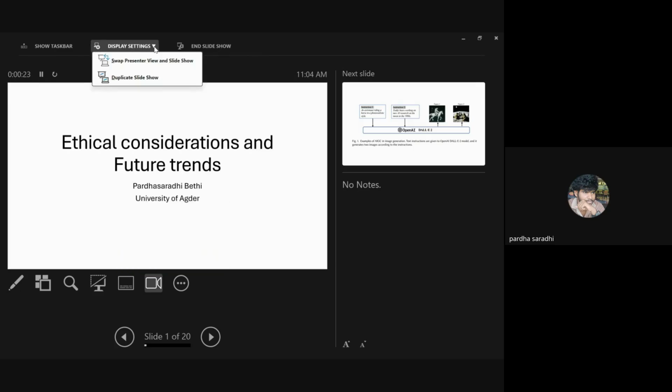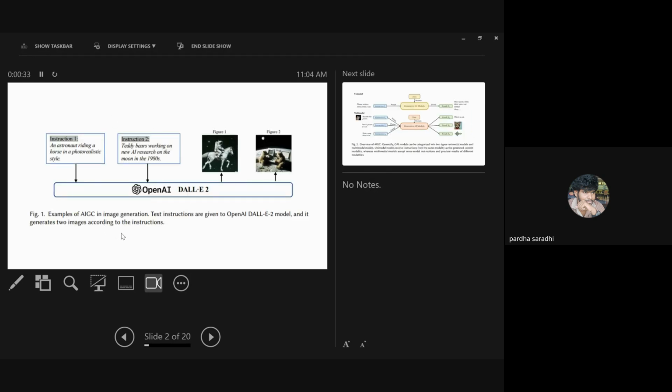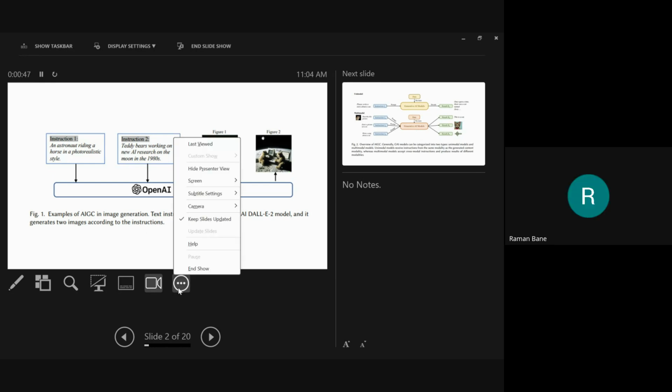Display settings. Show taskbar. No notes. No. Okay. To go back. Sir, someone can tell me how I can come out of this thing, like only the actual slides. Anybody can. Screen.